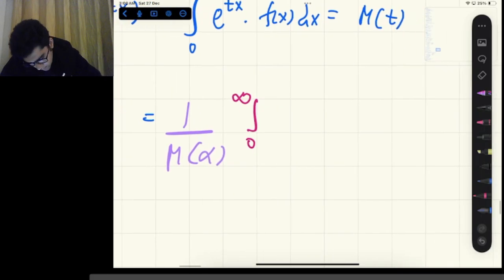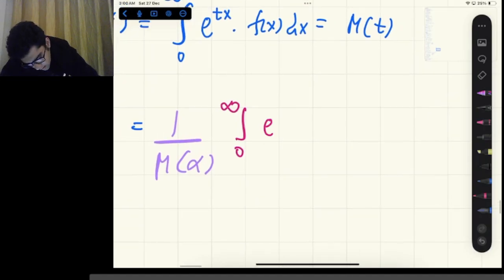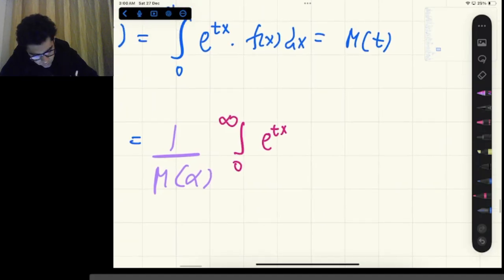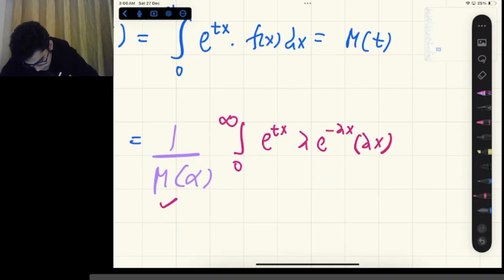So this becomes integral 0 to infinity e to the power tx, and f of x was a constant term, which comes out, times lambda e to the power minus lambda x, lambda x to the power alpha minus 1 dx.